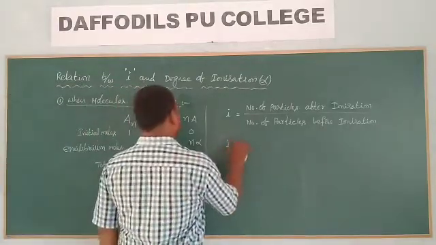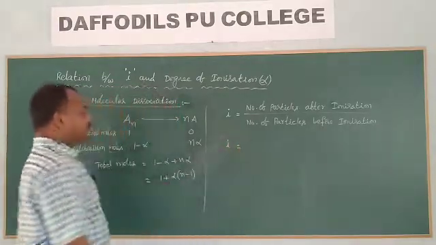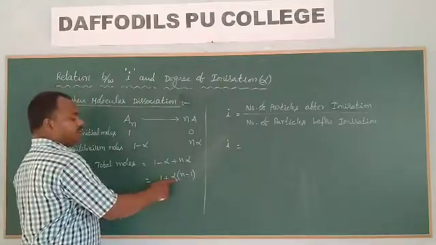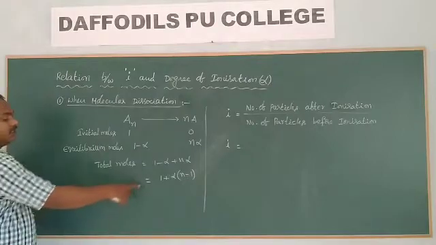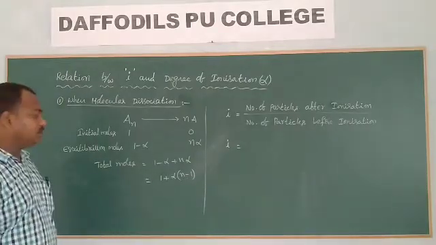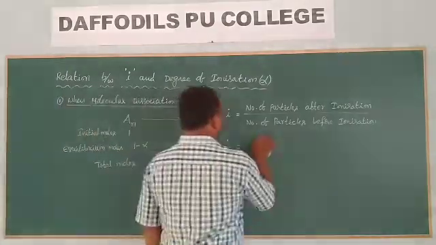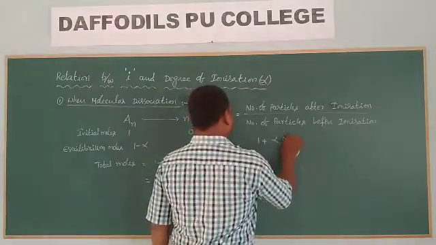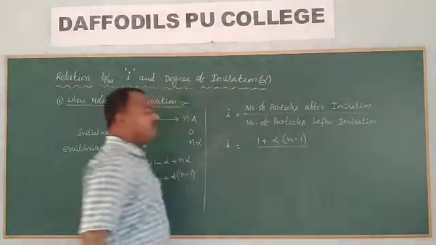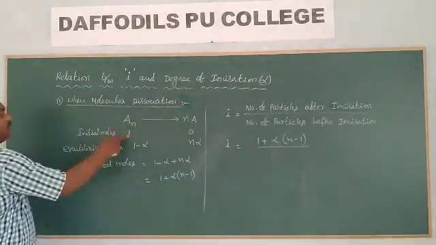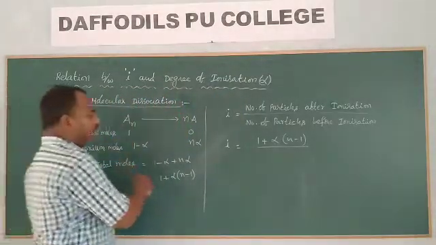So i is equal to, after ionization, how many particles are there? 1 plus alpha into (n minus 1) at equilibrium. So 1 plus alpha into (n minus 1) by the number of particles before ionization. Before ionization, how many particles are there? 1.